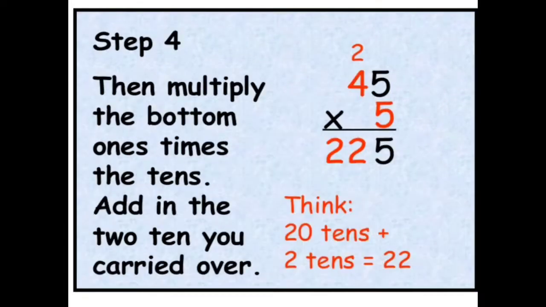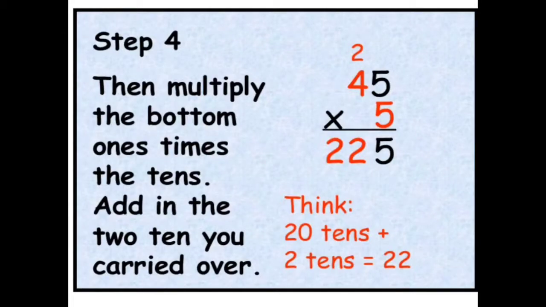Okay. Then the next step, 5 4s are 20, 20 and 2, 22. Okay. Then 22 how? Because you know that 20 tens is here and 2 tens we already took as the carry. So 20 plus 2 becomes 22.